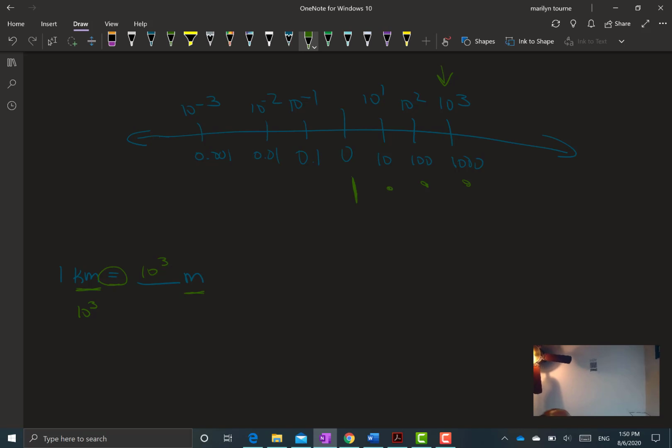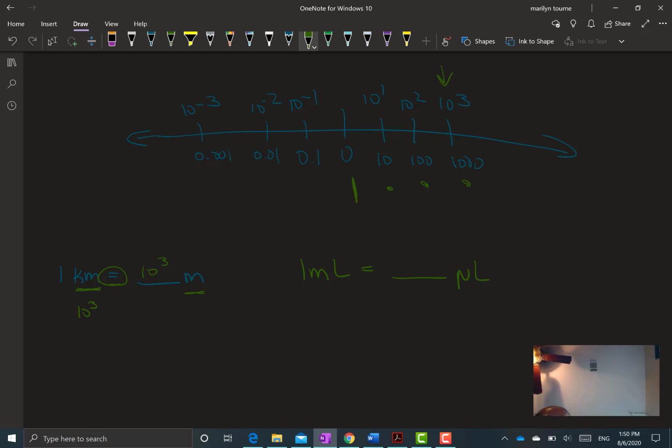Let's do another example. Instead, I wrote 1 milliliter is equal to how many microliters? For this to work, again, you have to be able to memorize your metric units, the powers of 10.